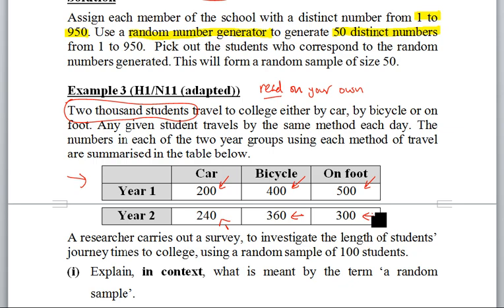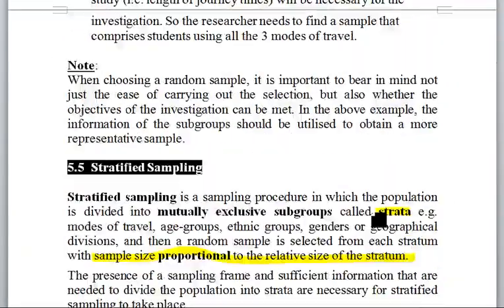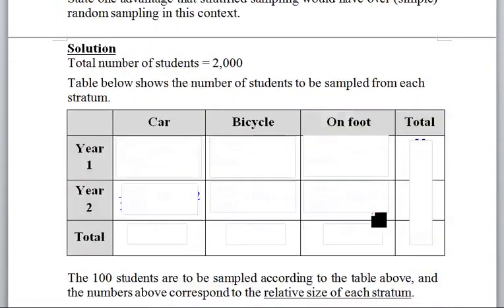Understand? So suppose in example 4, you still want to select 100 students out of the 2,000. How many students should we survey here?